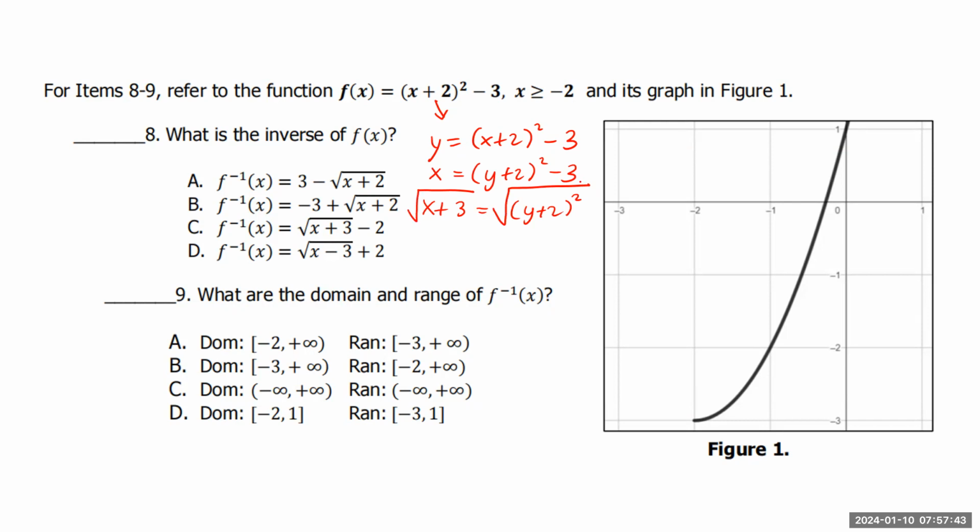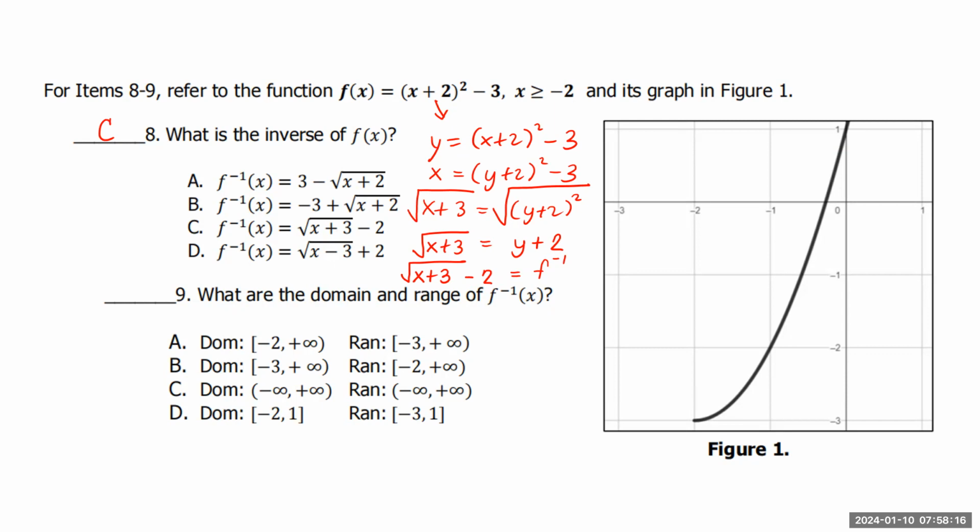So we have the square root of x plus 3 equals y plus 2. Now we just need to transpose +2 to the left side so that y is isolated. So our answer is the square root of x plus 3, minus 2. And we just replace y with our notation f inverse. So our answer is letter C.